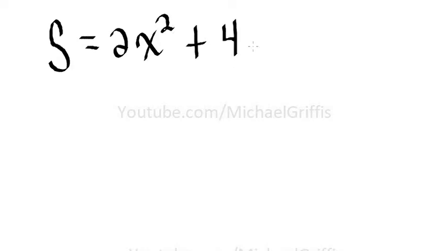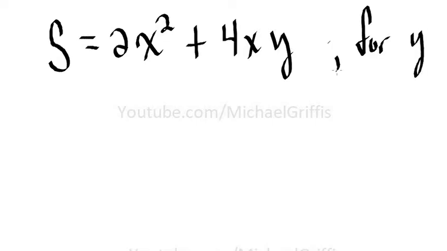Let's say we have s is equal to 2x squared plus 4xy, and we want to solve for y. We've got to isolate that y. What are we going to do? Let's take the 2x squared and bring it over.